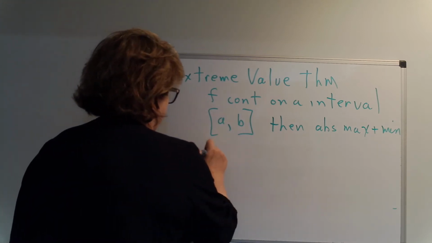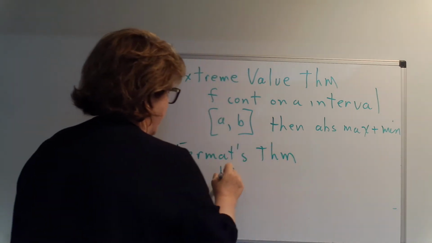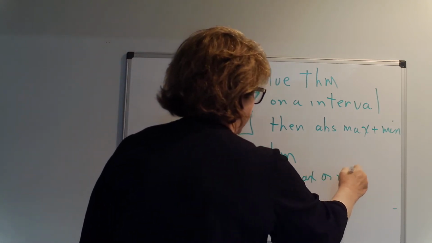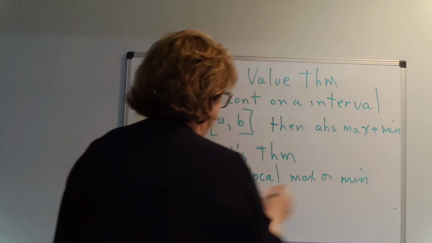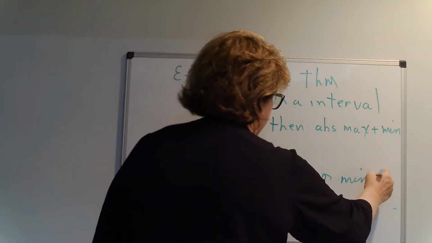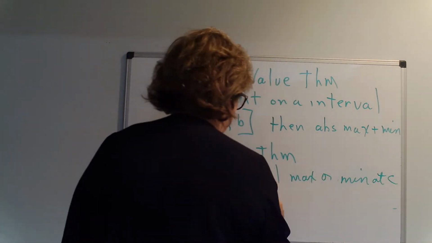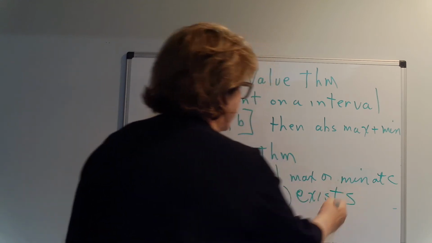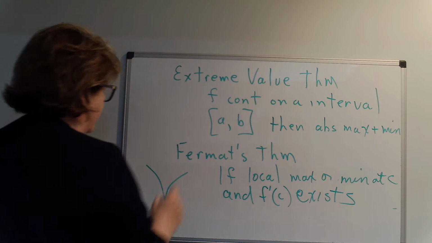Fermat's theorem says if you have a local max or min at c, and f prime of c exists, so we don't have a case where we have some kind of cusp going like this.